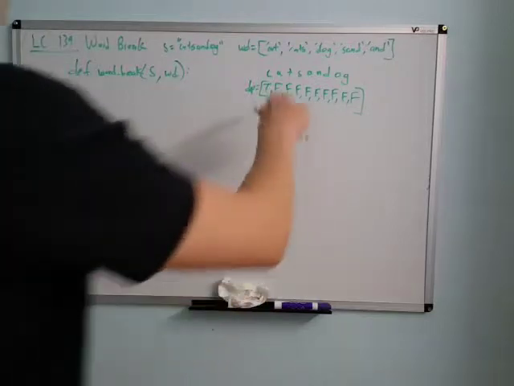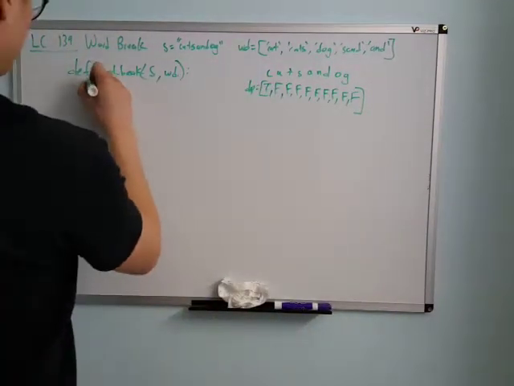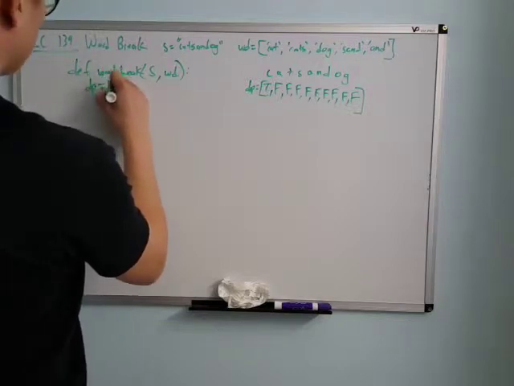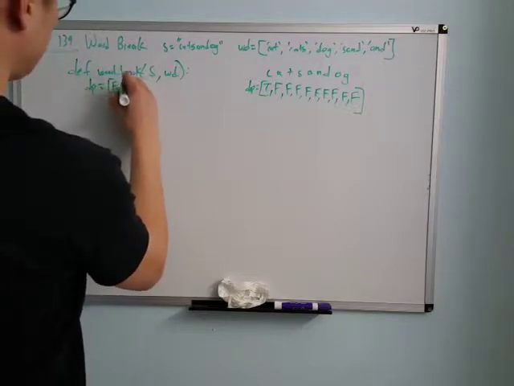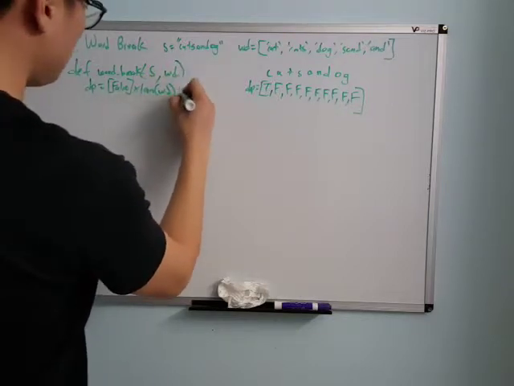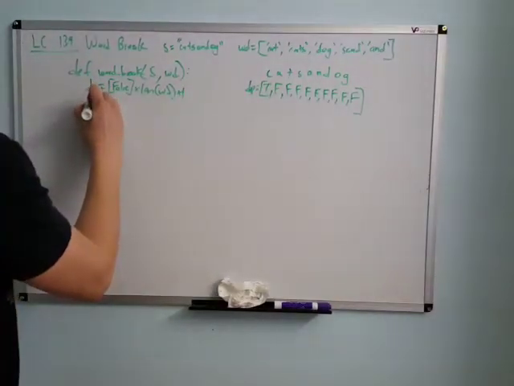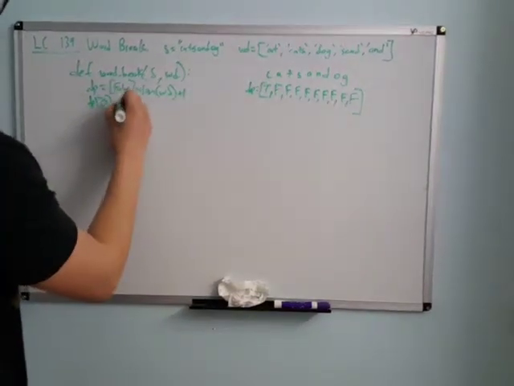So dp equals false times the length of S plus 1. Right, so we have this dp of 0 equals true.